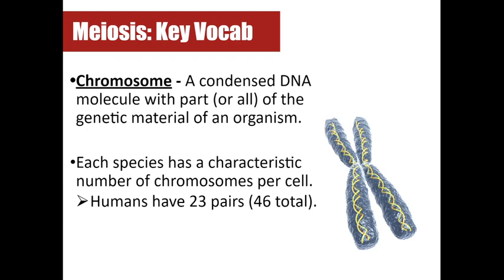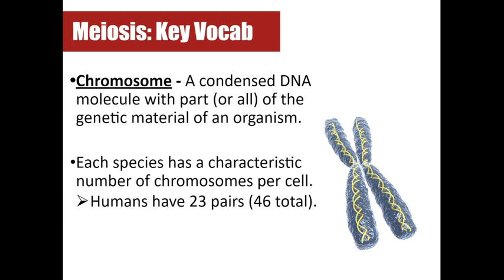So some more key vocabulary for us. Chromosome. A chromosome is a condensed DNA molecule with part or all of the genetic material of an organism. Each species has a characteristic number of chromosomes per cell.